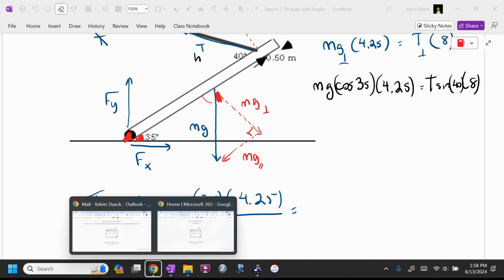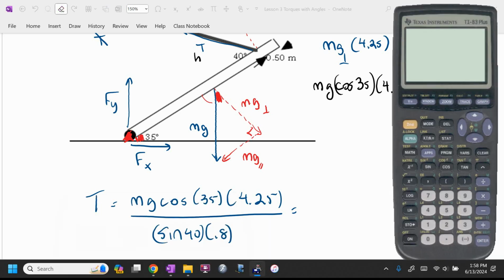Okay, let's type. Put the bottom in brackets. On the top, was it 12 kilograms? Times 9.8, cos 35, times 4.25. Close off the top. Divided by bracket sine 40 times 0.8.